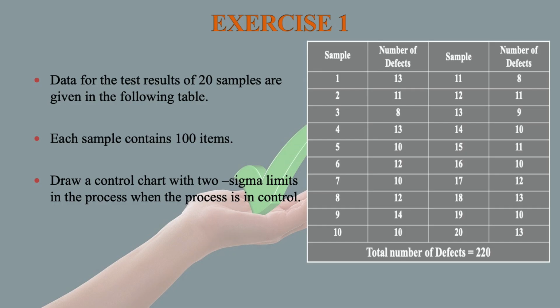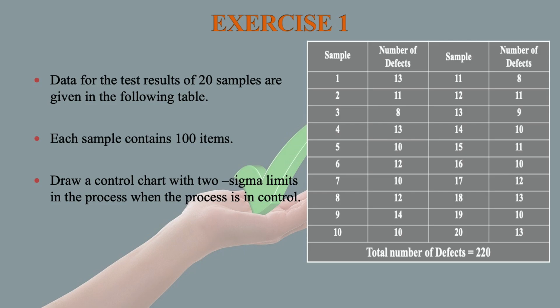Dear learners, let us discuss some very interesting numericals so that your concept will be crystal clear. The first numerical is: the data for the test results of 20 samples are given in the following table. Each sample contains 100 items.